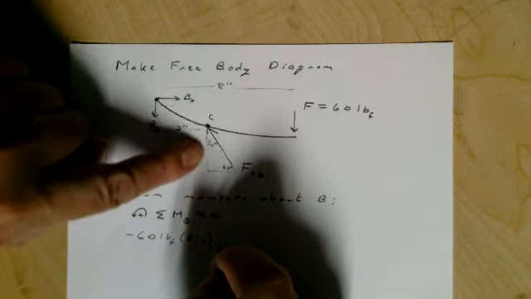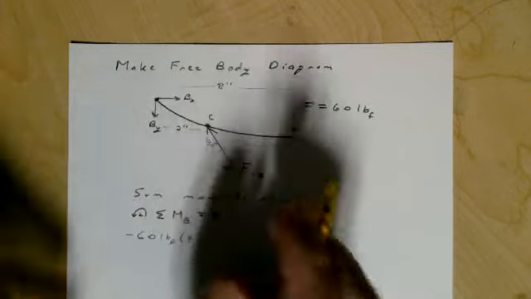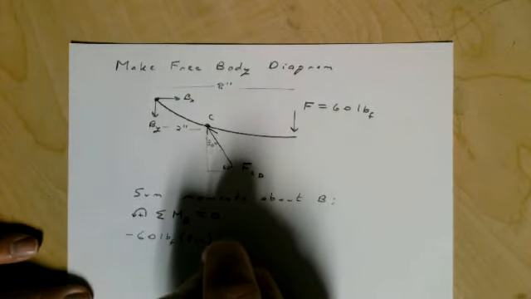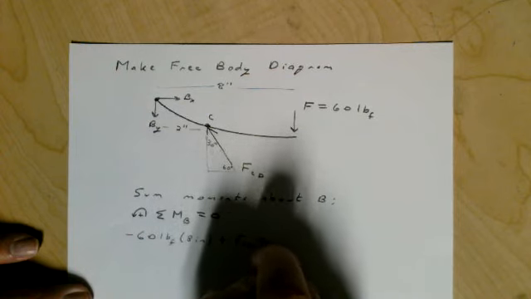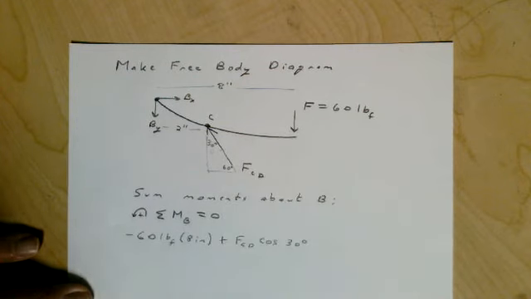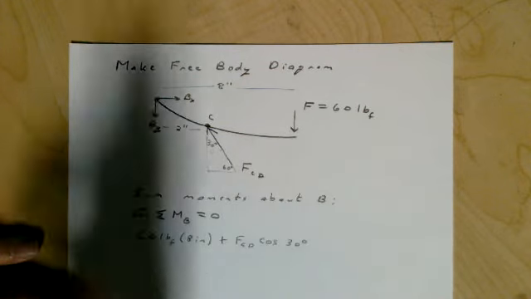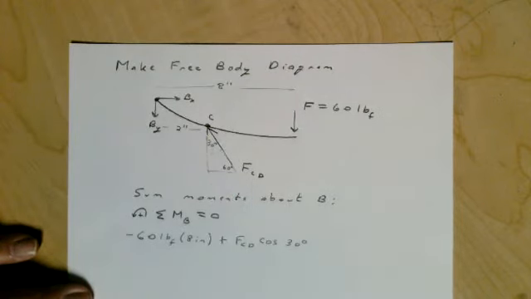This one here is going to be FCD cosine of 30 degrees. Or FCD sine of 60 would have worked as well.